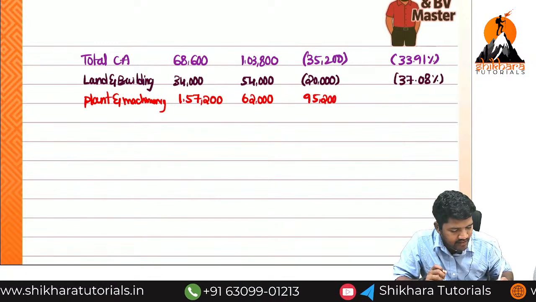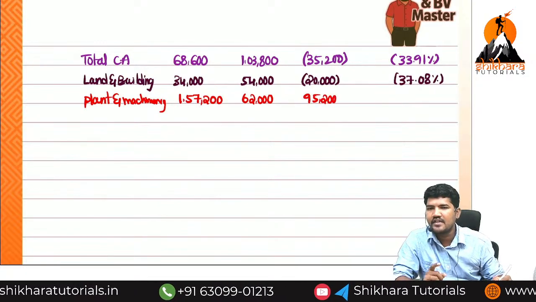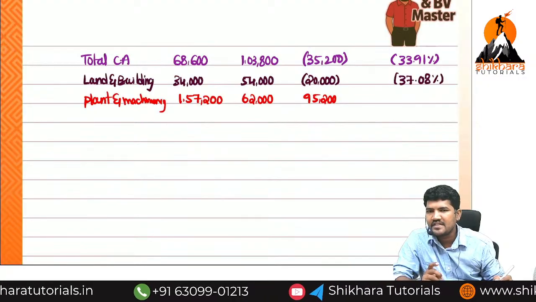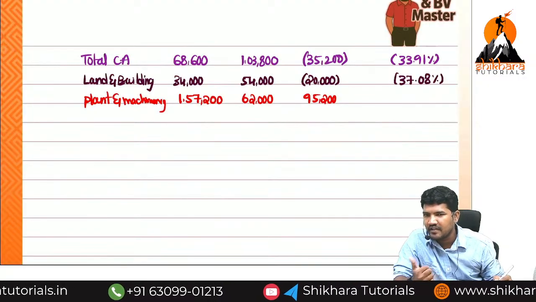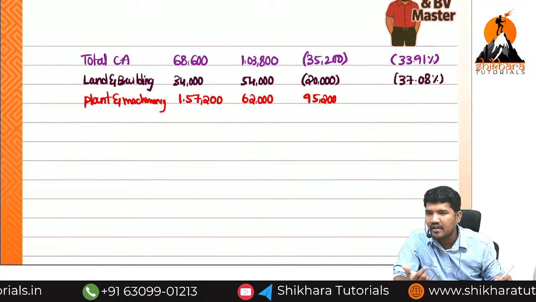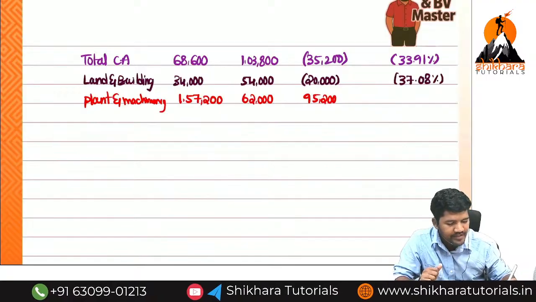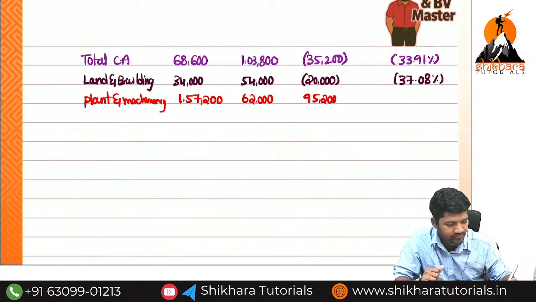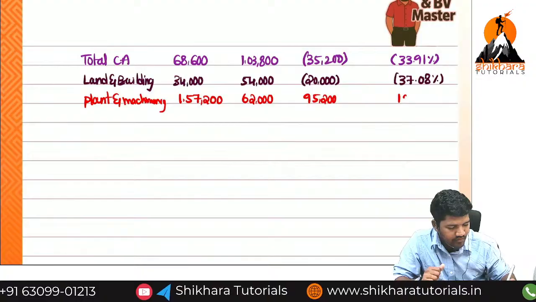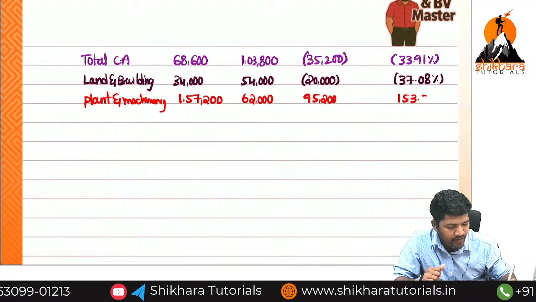Increase or decrease? Increase. I already said. If cash balance decreases, it means we used it for either purchase of investments, purchase of assets, or payment of liabilities. Now how much percentage? 153.54%.